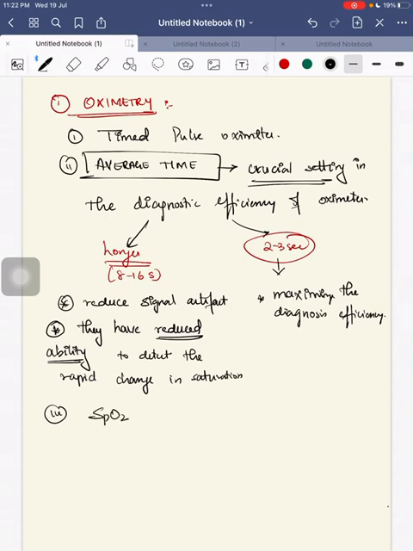In oximetry, if the saturation, that is SpO2, drops below 90% in the nocturnal oximetry test, this is indicative of moderate to severe obstructive sleep apnea hypopnea syndrome.